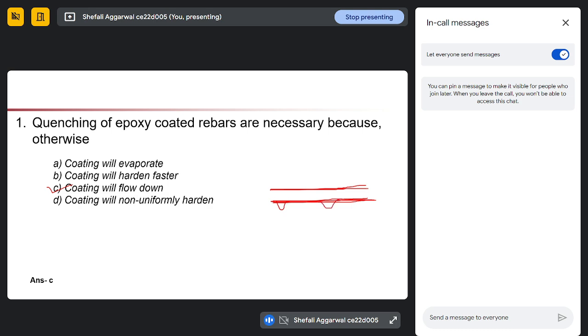Then you will have these kinds of surfaces over your rebar. So this will create a non-uniform layer over the steel surface. At this point your coating thickness will be different, and at this point the coating thickness will be different. So to have a uniform coating, we are quenching our epoxy coated rebar. Okay.